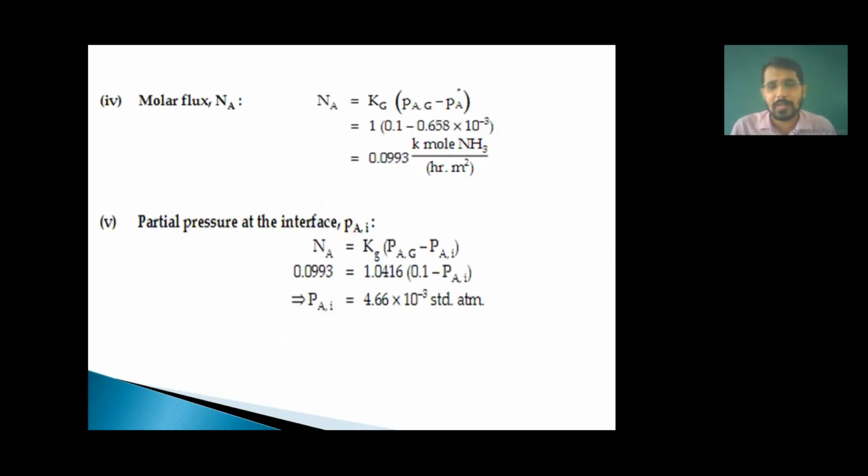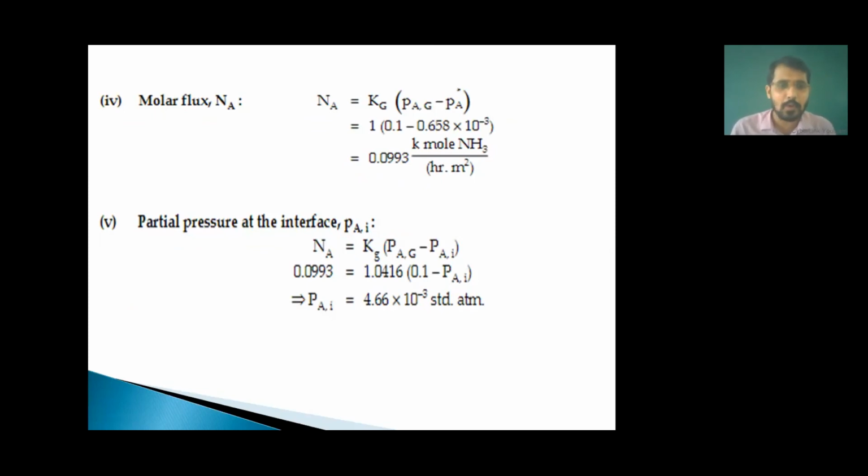So NA is equal to 1 into 0.1 minus 0.658 into 10 raised to minus 3. After calculating, you will get the molar flux NA equal to 0.0993 kilomole NH3 per hour meter square. So this is the calculation for molar flux.